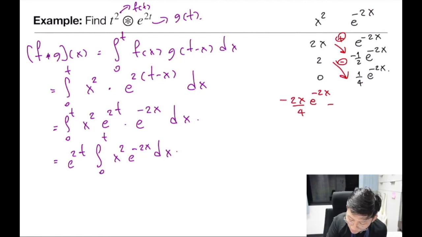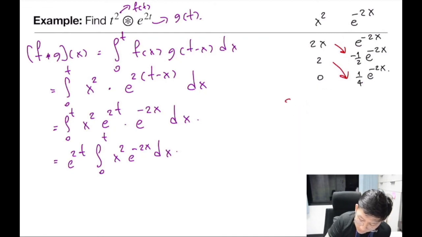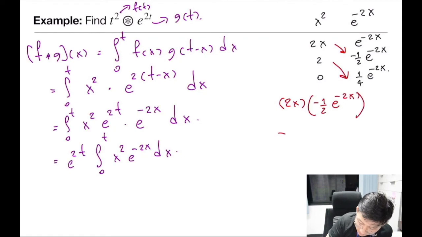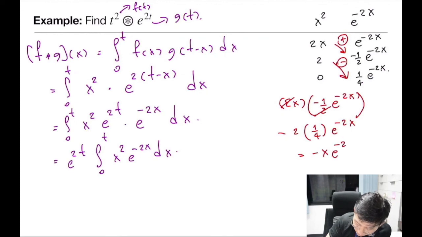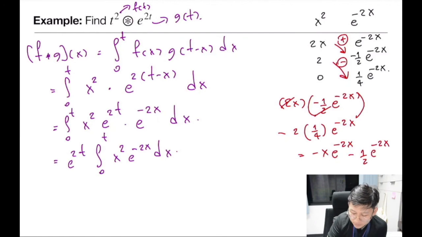And then we get 2x times minus 1/2 e to the minus 2x, and then minus 2 times 1/4 e to the minus 2x, which cancels out, so we get minus x e to the minus 2x minus 1/2 e to the minus 2x. Okay, so we put them here.